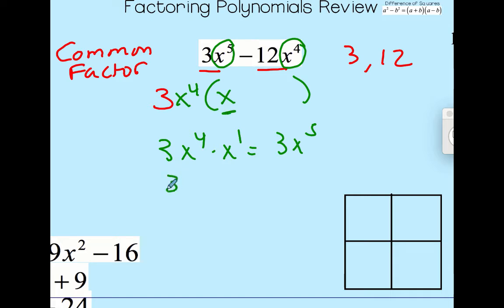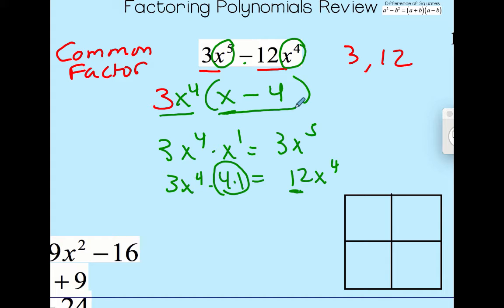And if I multiply 3x to the 4th by what would I get 12x to the 4th? Well, 3 times 4 makes the 12, and x to the 4th times 1 makes x to the 4th, which means my second factor is just a 4. But it's positive times what kind of number makes a negative, and that would be a negative. So it factors to 3x to the 4th times x minus 4.